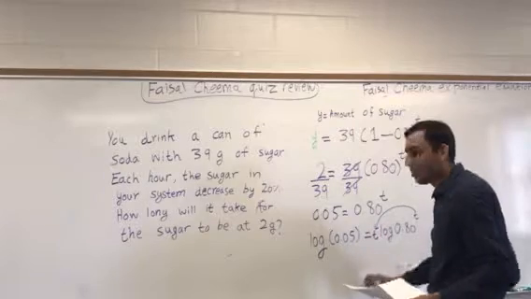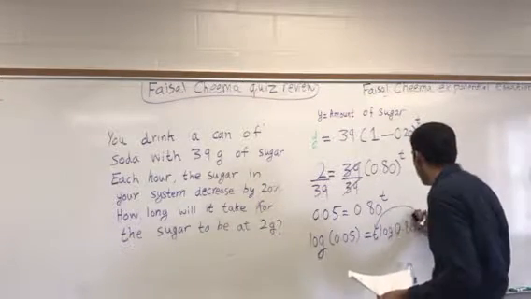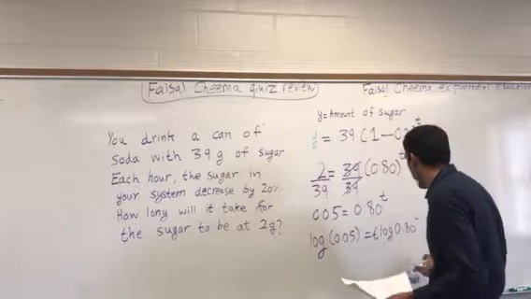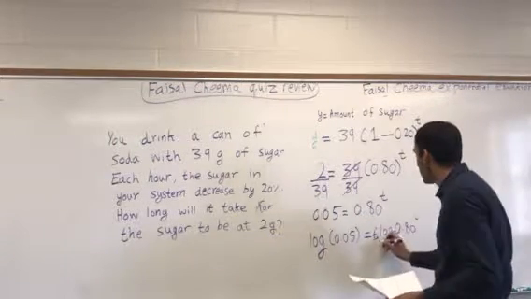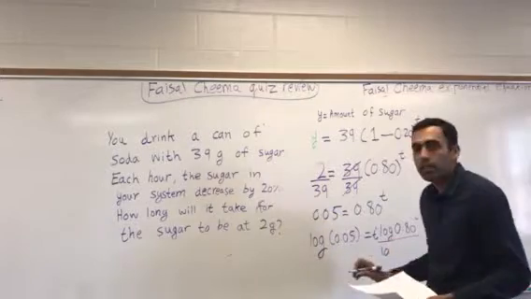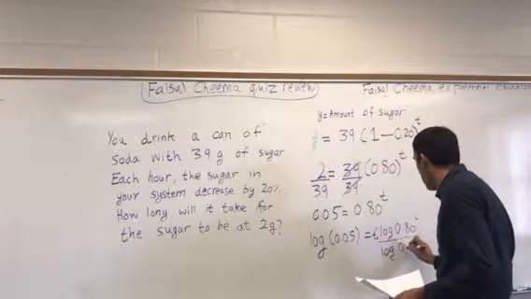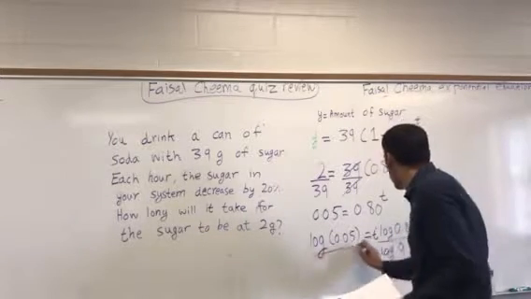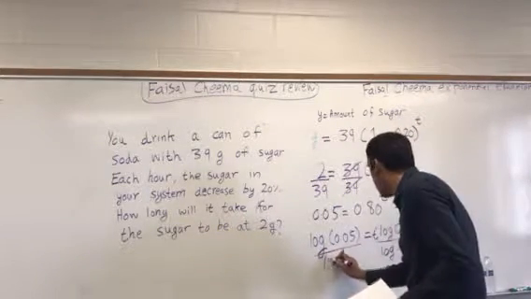So this is where the t is going to land. Now we are almost done. In order to get t by itself, you would have to divide both sides by log of 0.8.